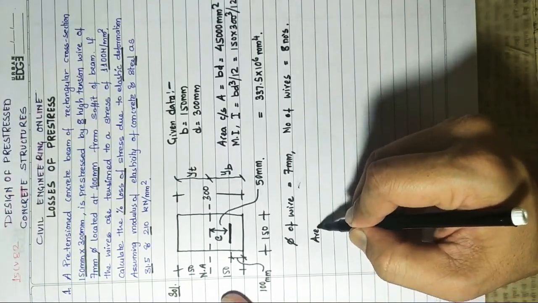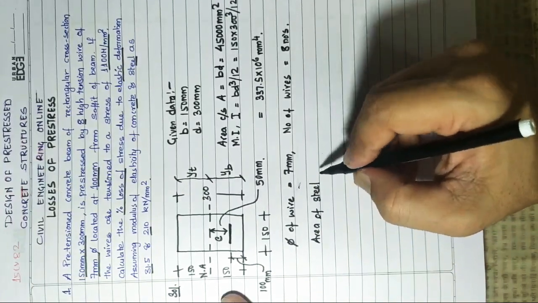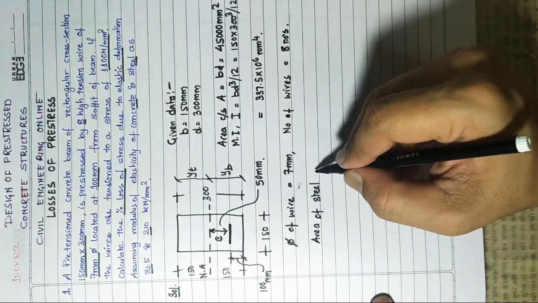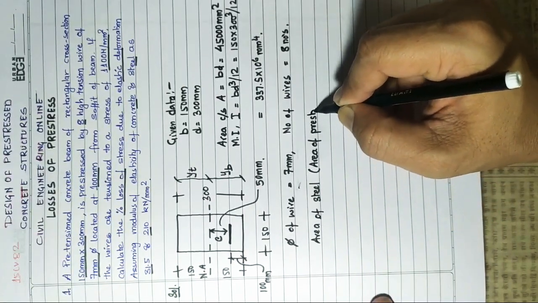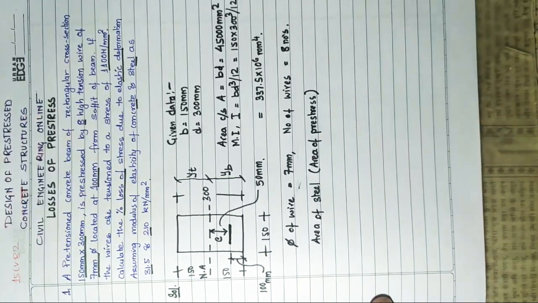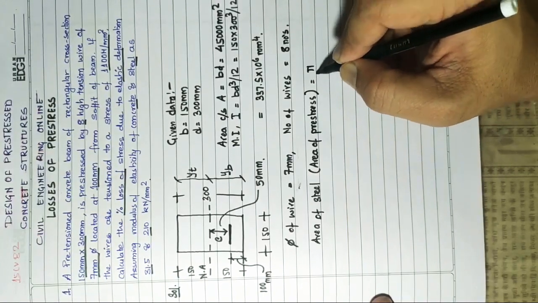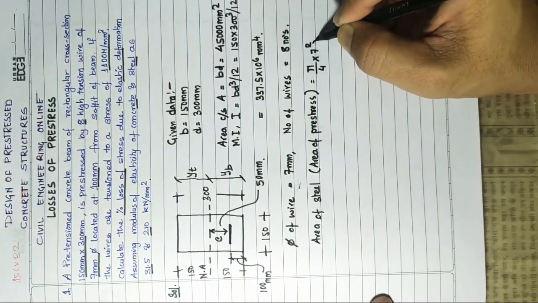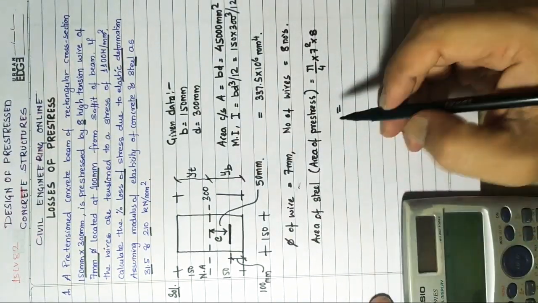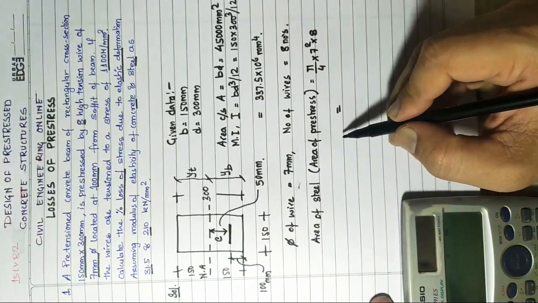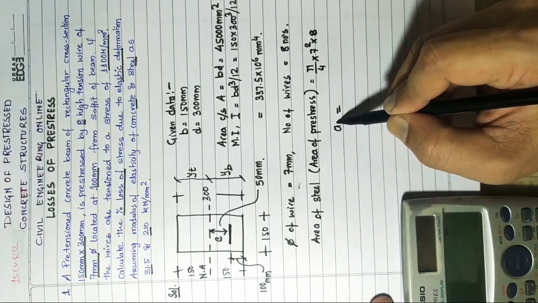So the area of steel, that we can also call area of pre-stress, with the nomenclature As, equals pi by 4 into 7 square into number of wires 8.